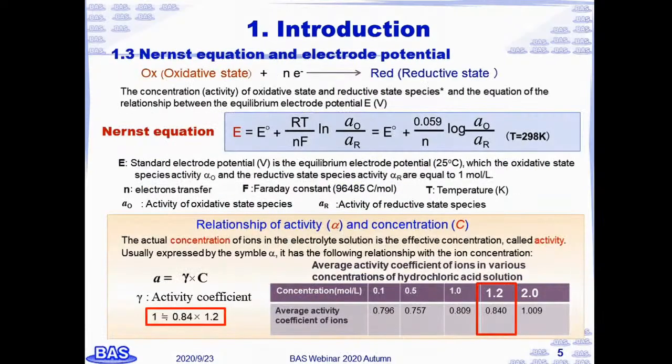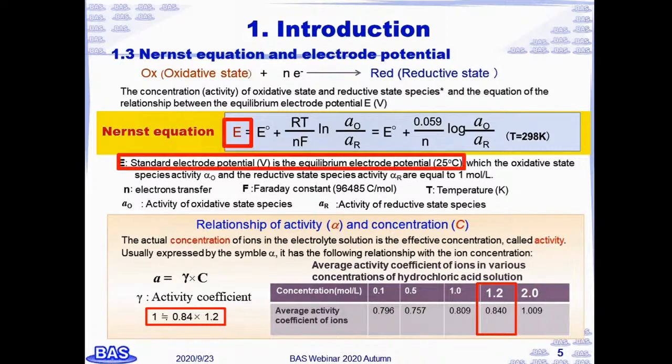Reference electrodes are the benchmark of the potential applied to the working electrodes. The potential of reference electrodes should have high stability and reproducibility. The electrode potential follows the Nernst equation.